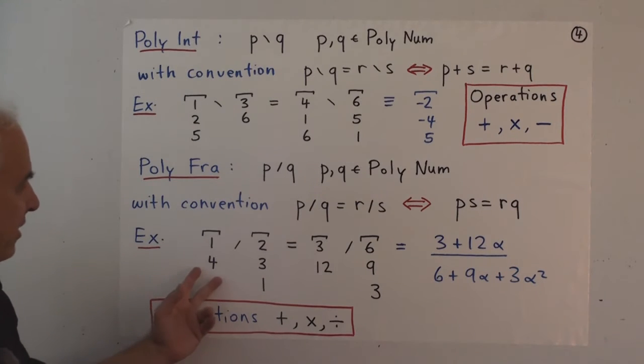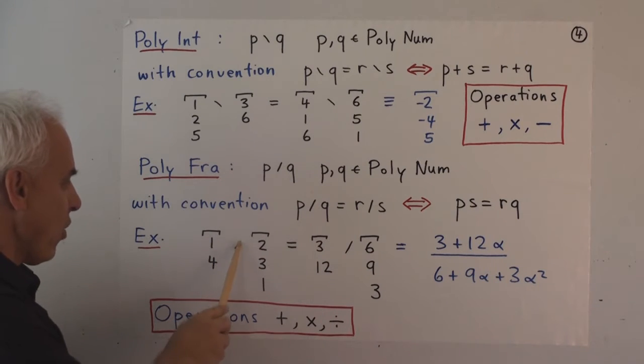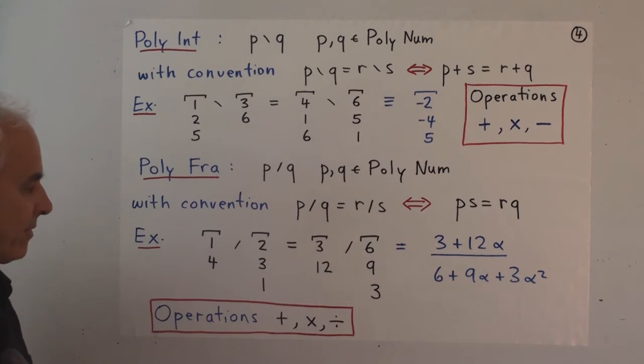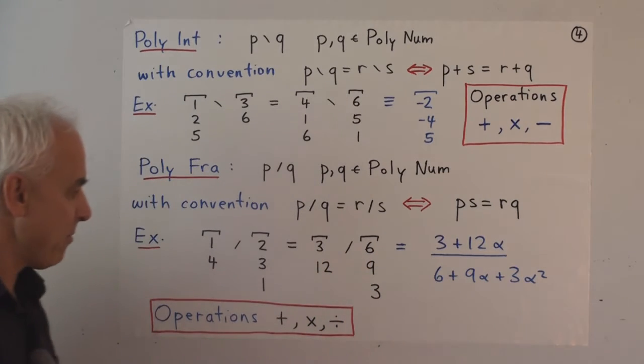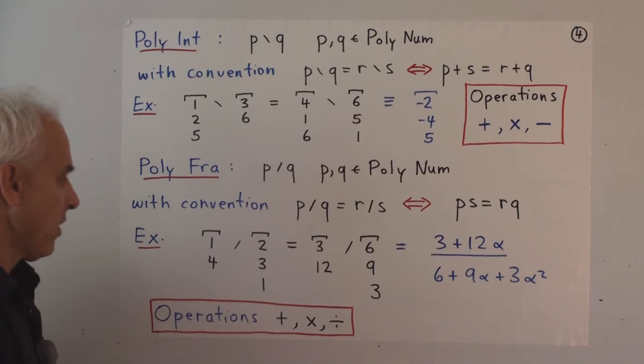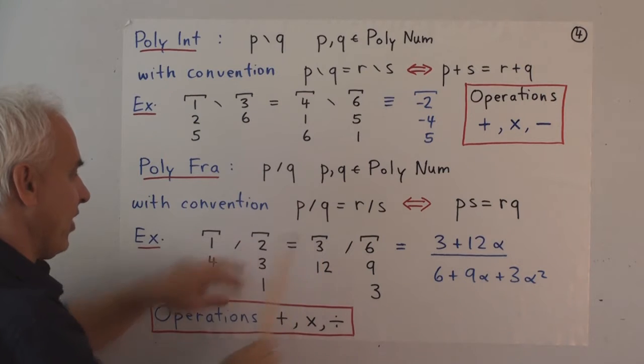So for example, here is a fractional polynumber now. 1, 4 over 2, 3, 1. That's equal to 3, 1, 2 over 6, 9, 3 because, well, because this times this equals this times this.